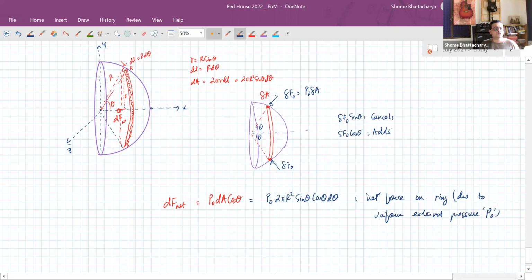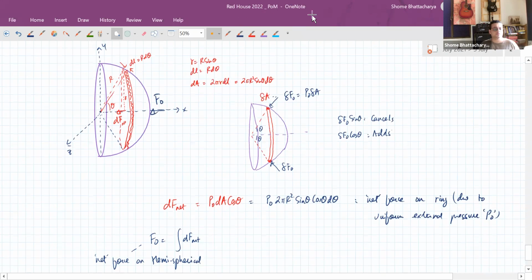So now the net force on the whole hemisphere due to the external pressure, this will become integration of this.